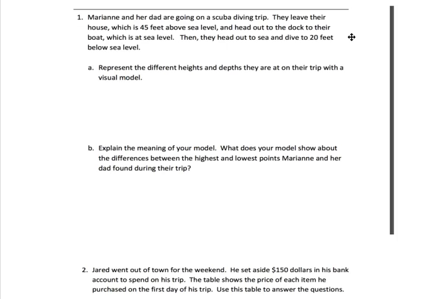What does your model show about the differences between the highest and the lowest points Marianne and her dad found during their trip? So you need to draw a visual model, a number line, and then you need to explain what that model is representing based on what you've put on your number line. So take 3 minutes for this.